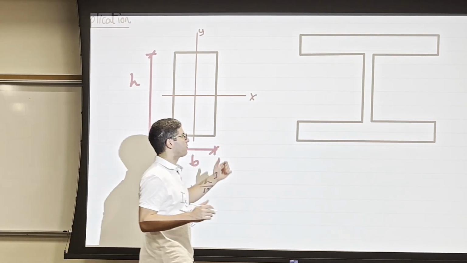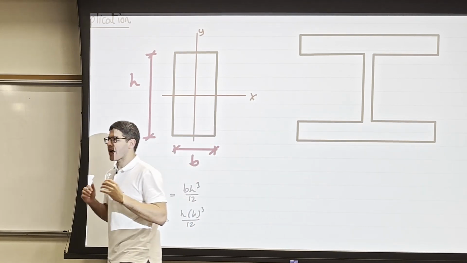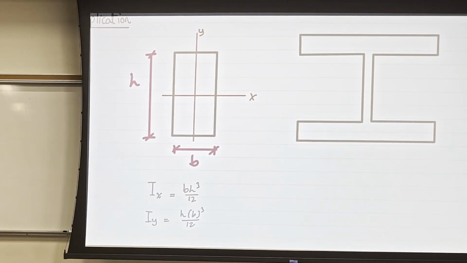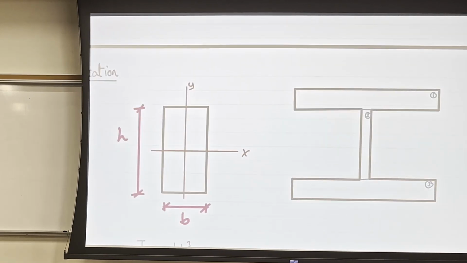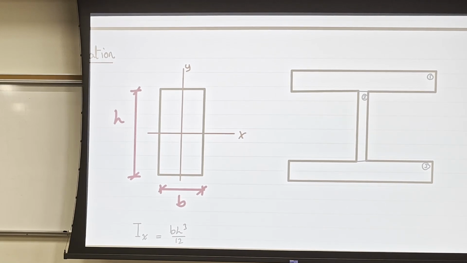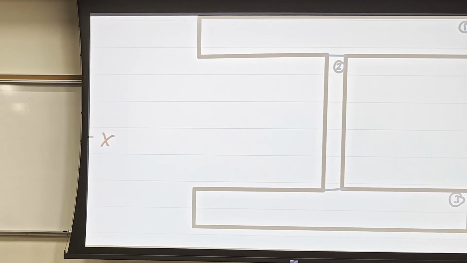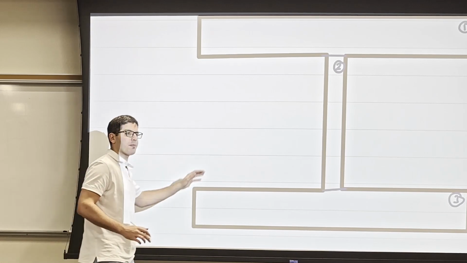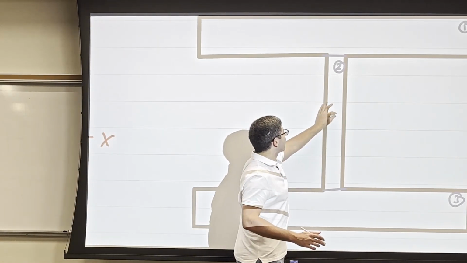Unlike this example, for example, if we have an I section, what we will do first is divide this I section into areas where we know where their centroids are. So I will name this 1, this is 2, and this is 3, for example, okay? And then I know that the centroid of the whole shape is gonna be in the middle.